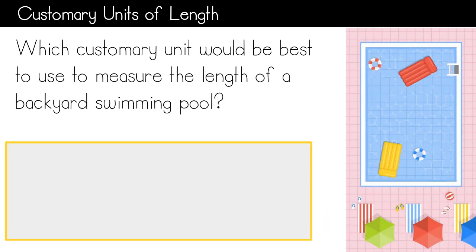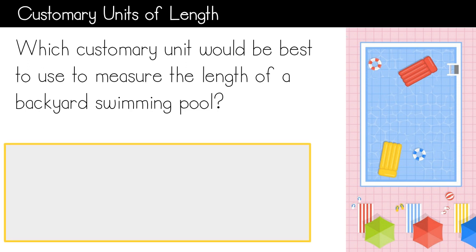Which customary unit would best be used to measure the length of a backyard swimming pool? Would it be inches? Would it be feet? Would it be yards? Or would it be miles? Definitely not miles, because that's really far. Inches, oh, that would take you a long time. So, which do you think it'd be?